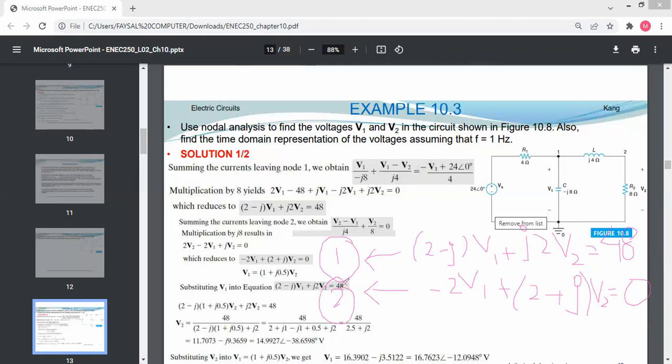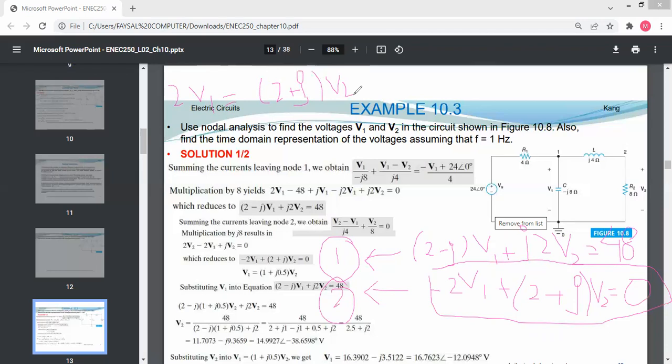Now moving towards the solution of the system, the first thing to do is I have to simplify my equation number 2, because there is 0. So it will be 2v1 equals to 2 plus j to the value of v2.